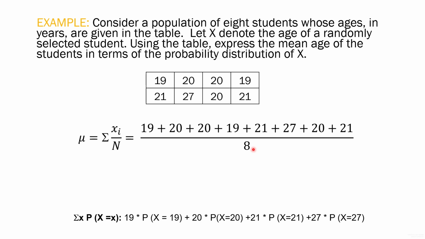And because we know that mu is equal to the sum of x multiplied by P(X equals x), then right away the most meaningful thing that we can do is start to write out exactly what we need, right? So the sum of x times P(X equals x) equals 19 plus 20 times P(X equals 20), and so on from there. So this expression is meaningful for a discrete random variable, but there is a kind of better way to show this and then calculate it. So let's do that.